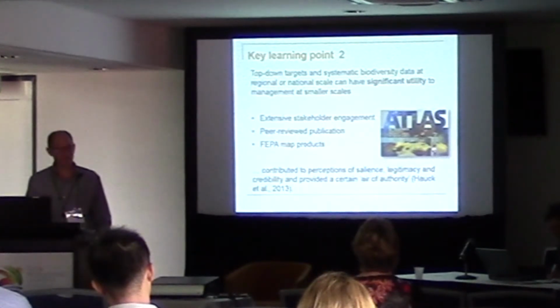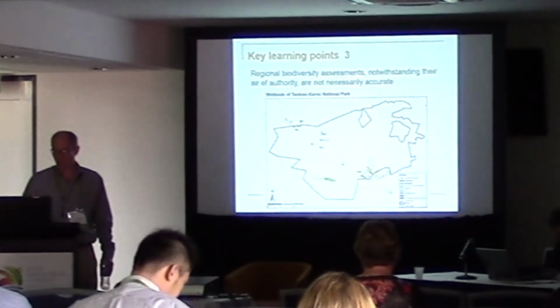The peer review publications, the attractive and professional maps that Jean and company have produced, contributed to this perception of salience, legitimacy, and credibility, and an air of authority. So the products were perceived as high-standing products, and park managers and senior executives took notice of it. So it certainly helped a lot to advance the strategic conversation around river conservation in South Africa.